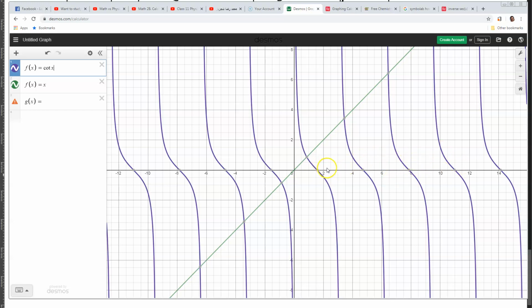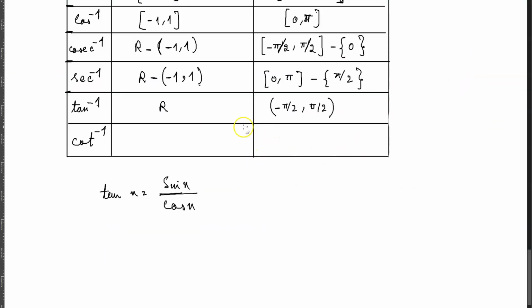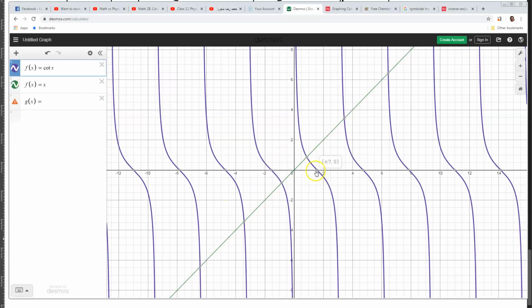So what I can do is restrict the domain of this function to 0 to pi. Between 0 to pi the function is one-one and onto. So if I do so, then 0 to pi becomes the range of the cot inverse function. So then I can write the range as 0 to pi. Let me see if that actually works.